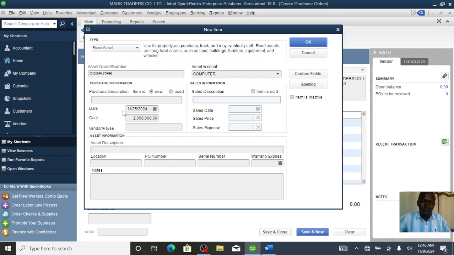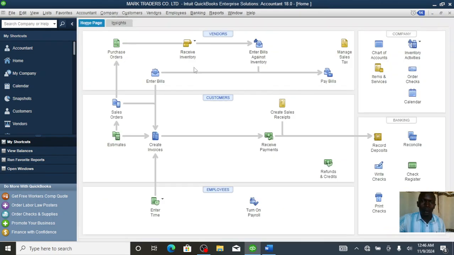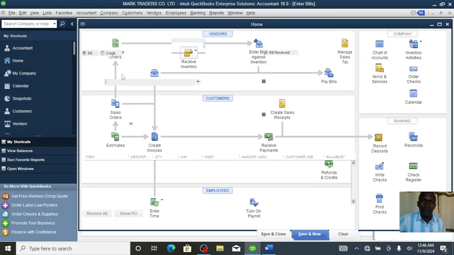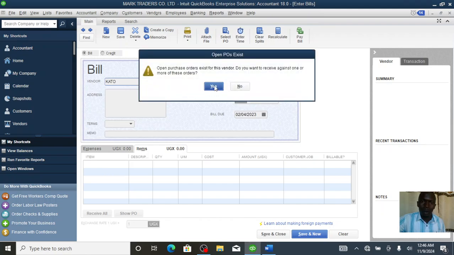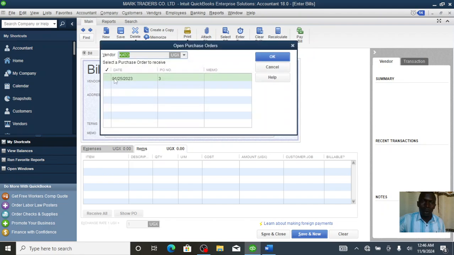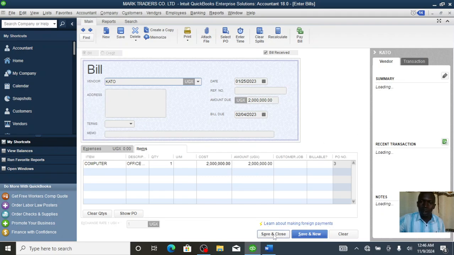The description, it is office use. Okay. Save and close. We receive inventory with a bill, we had bought it from Kato. We tick, it's okay, then we save and close.